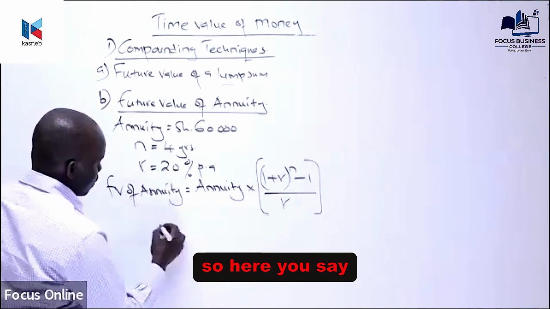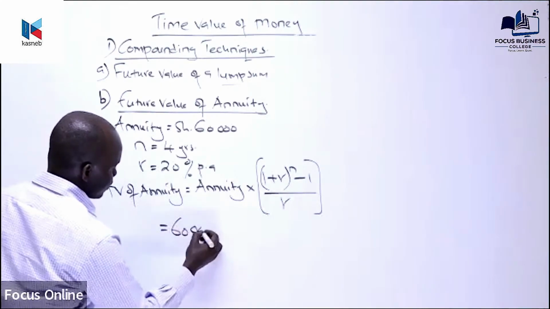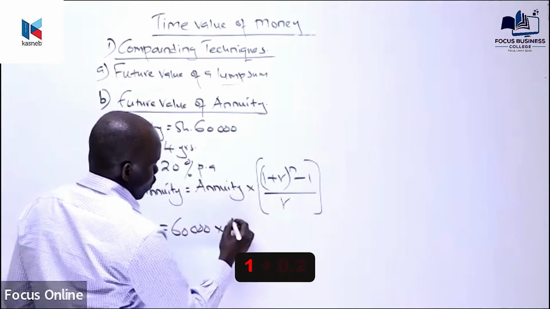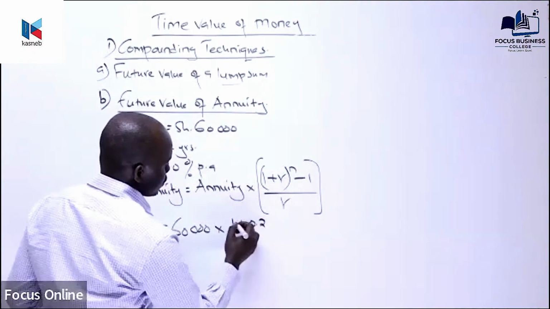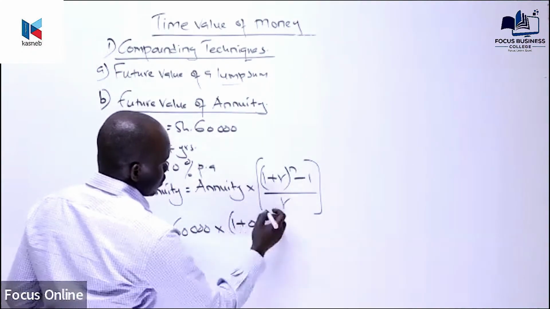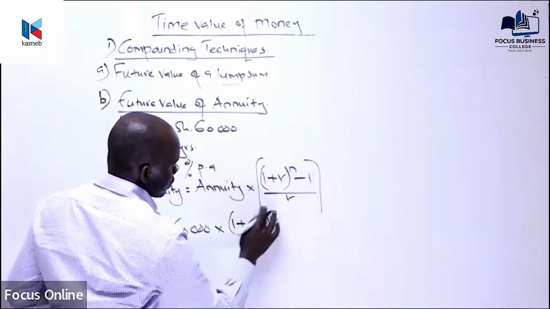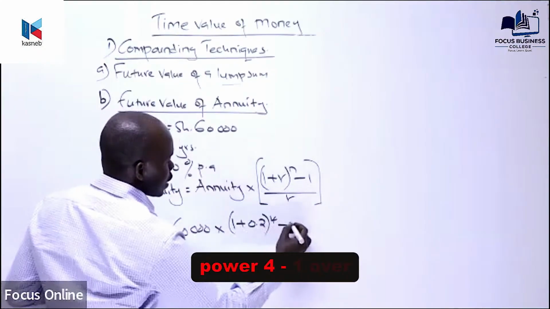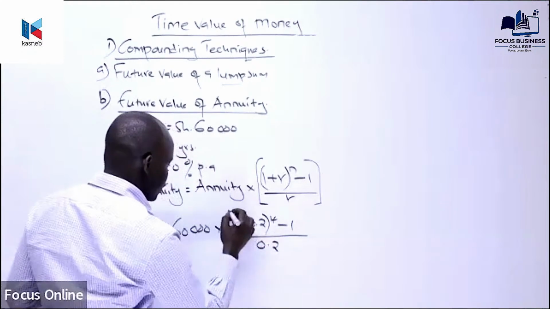So here you say 60,000 times 1 plus 0.2 power 4 minus 1 over 0.2.